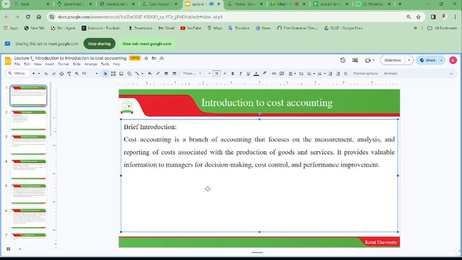So what does cost accounting help with? It helps businesses to understand how much it costs to produce their goods or services, which is crucial for making informed decisions about pricing, profitability, and resource allocation.